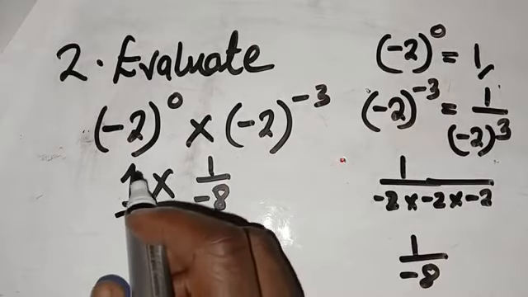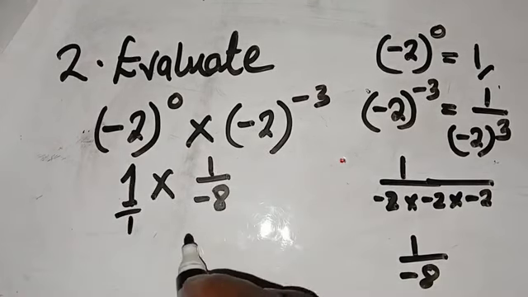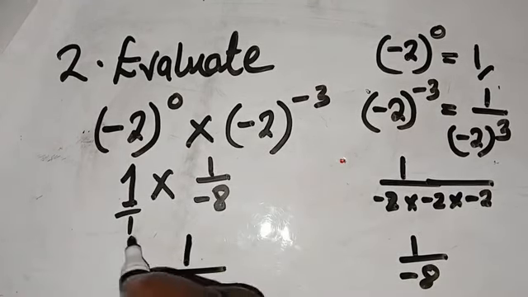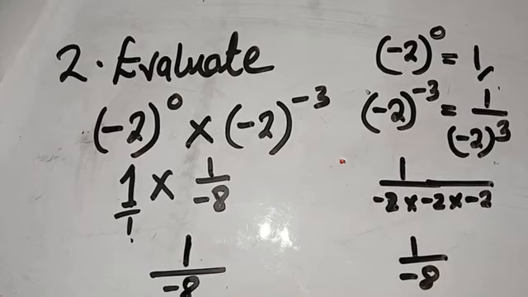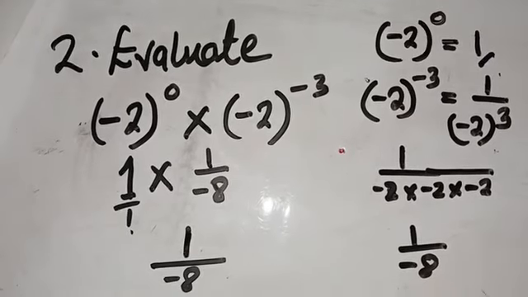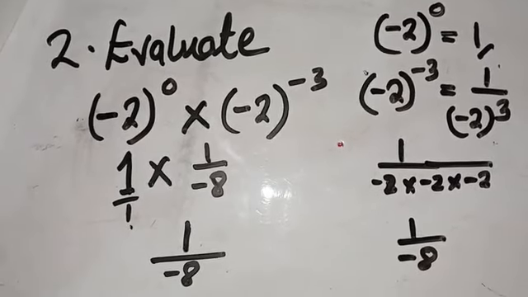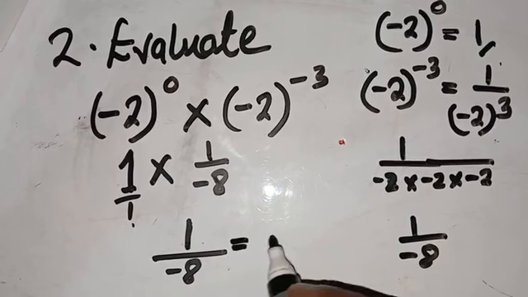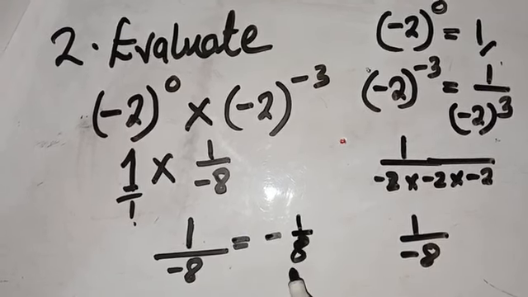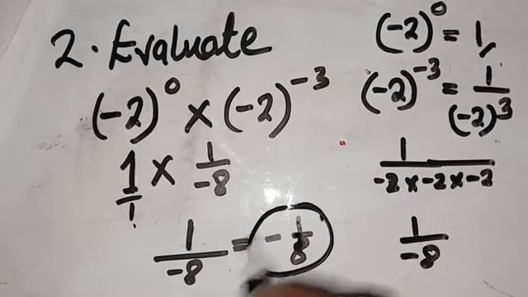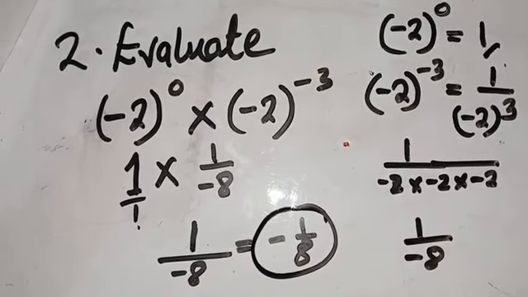When you multiply 1 by 1, you will still get a 1. 1 by negative 8, you still get negative 8. Now, since this is a fraction, we'll write it like minus 1 over 8. That is what is going to be our answer. All right, thank you very much. I hope you've gotten this one.